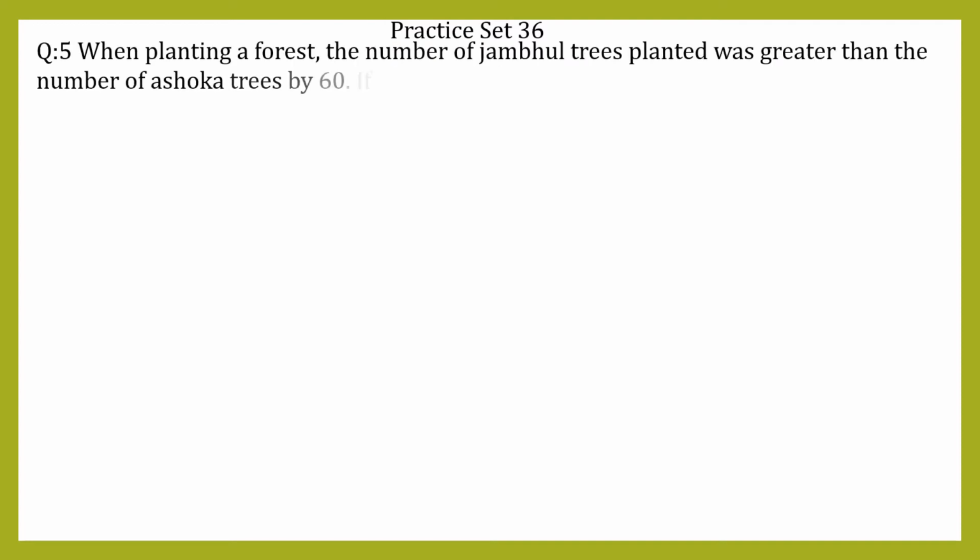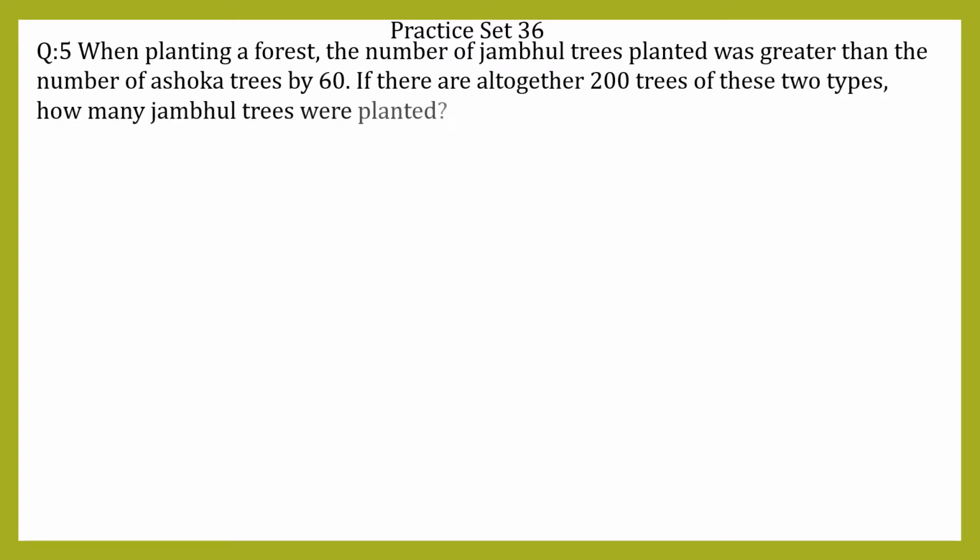Let's read the question. When planting a forest, the number of jambal trees planted was greater than the number of Ashoka trees by 60. If there are altogether 200 trees of these two types, how many jambal trees were planted?